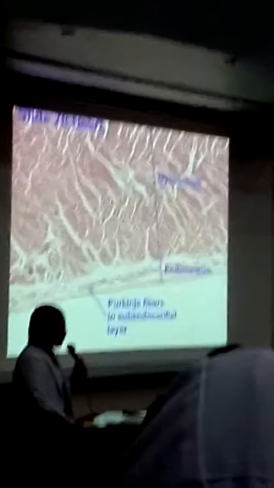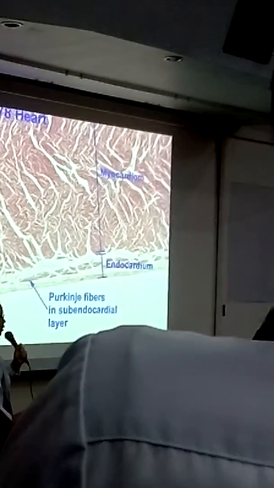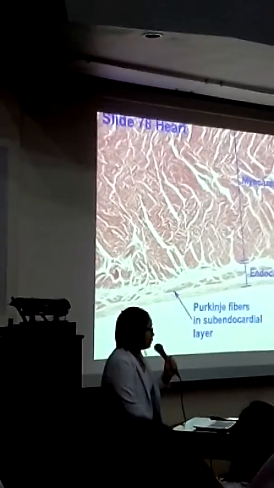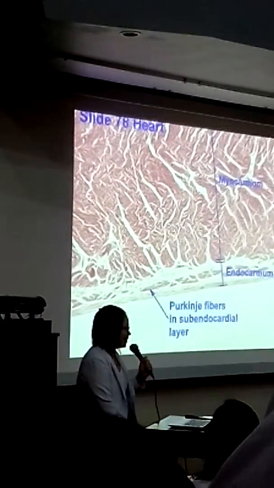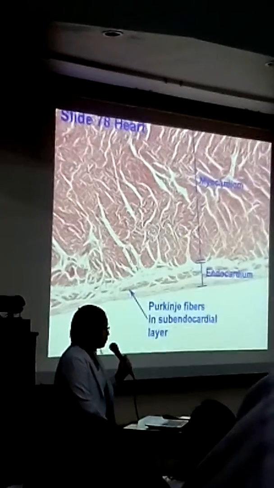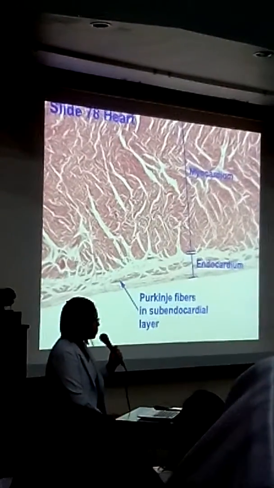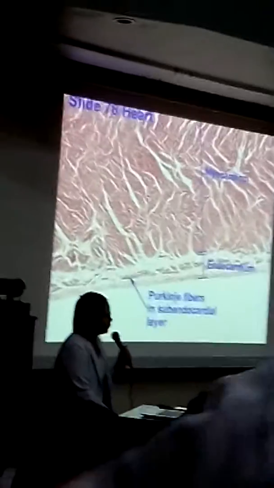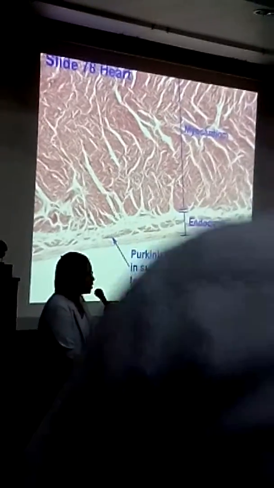So in between your visceral and your parietal pericardium, there is a potential space which is filled with what? What fluid? Pericardial fluid. What's the importance of that potential space? In what condition?